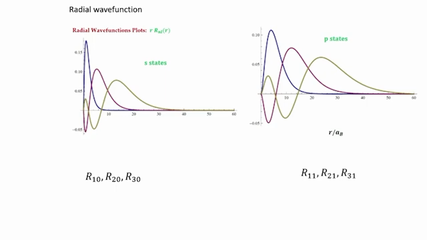So, let me show pictorially how the radial wave functions look. So, these are S states and so on.